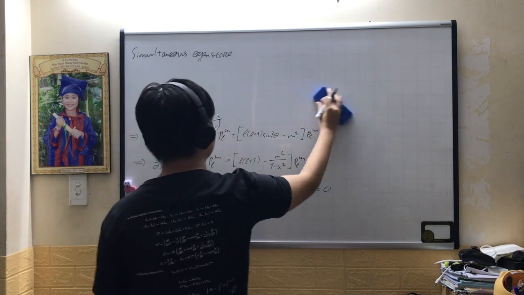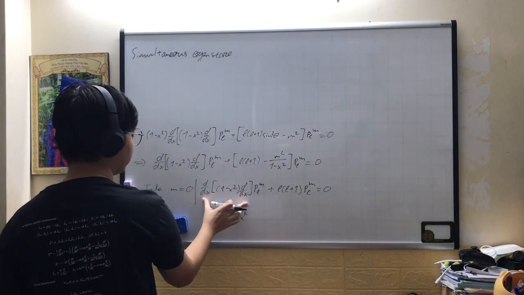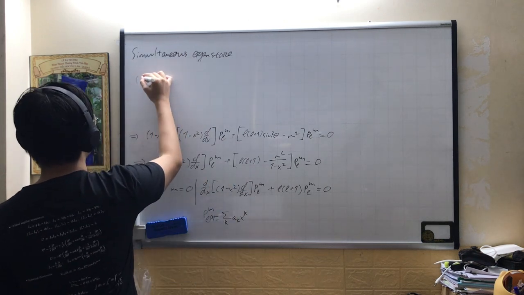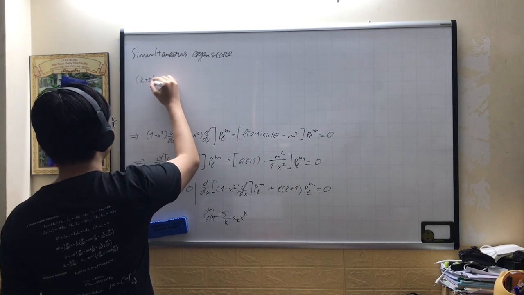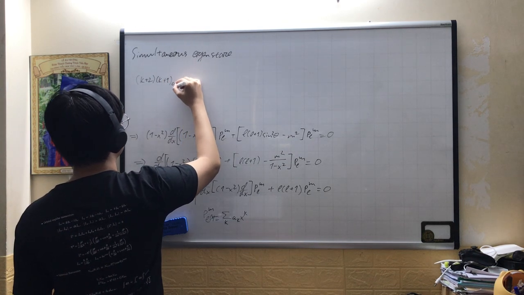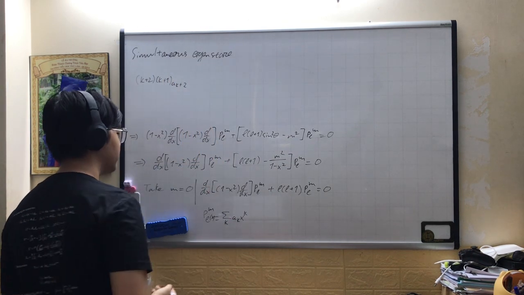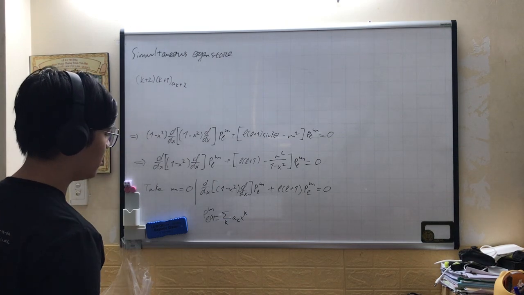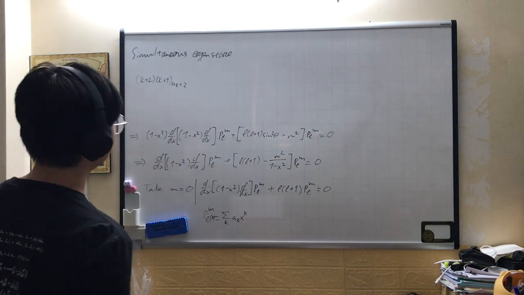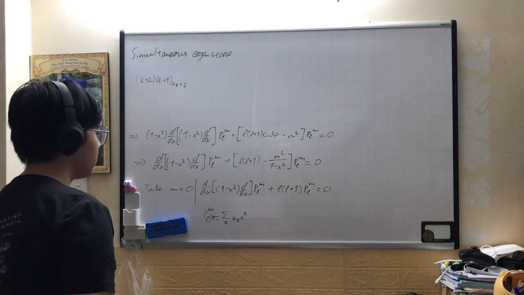The first one is when you squish it with these two derivatives to the 1, so that is (k+2)(k+1). And one thing I will do is that I won't write the x^k part, since it will cancel out eventually, and we only have to take our a_k term.